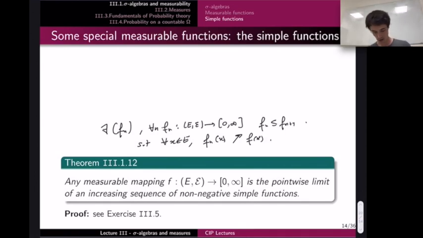You see I use this arrow that goes upward to mention the fact that f_n is increasing. And the proof is in the lab, so you can have a look at exercise 3.5.